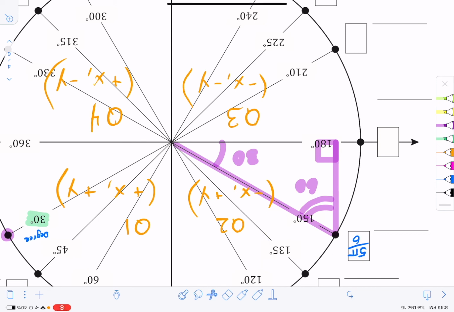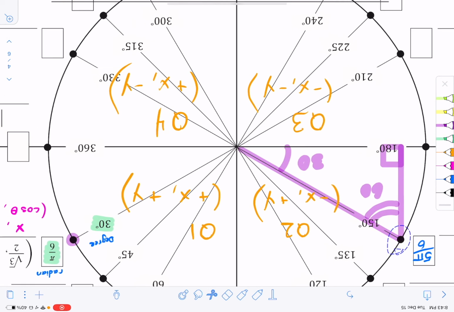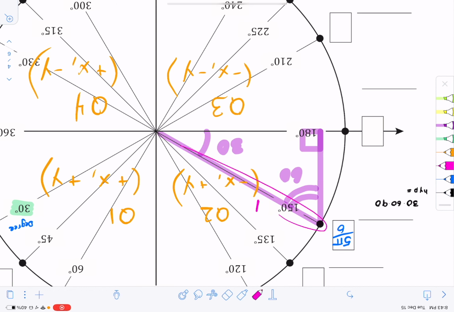All right, besides your radian measure, we need to find where this point is. So what are your x and y values on that point? We're going to use a 30, 60, 90 triangle. I'm going to start with the fact that we know the hypotenuse is 1. Remember, this length is always 1.